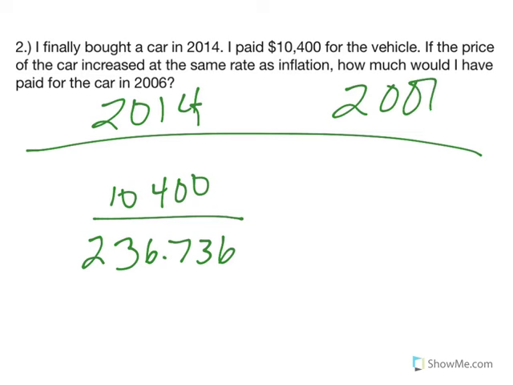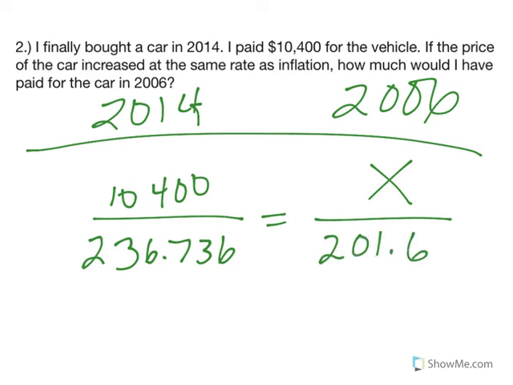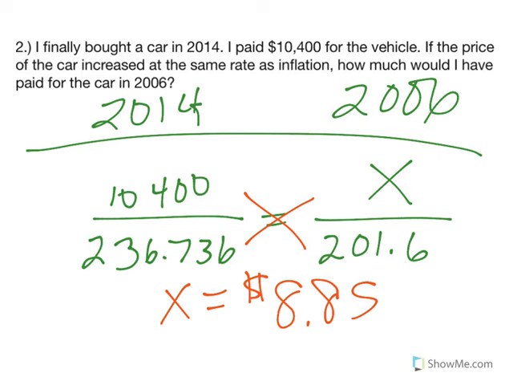We're comparing that to what it would have been in 2006 if I'd bought the car 8 years ago. Well, that CPI is 201.6, cross multiply, and it would have cost you $8,856.45. So remember, because all of these are talking about money, we should always be rounding to 2 decimal places.